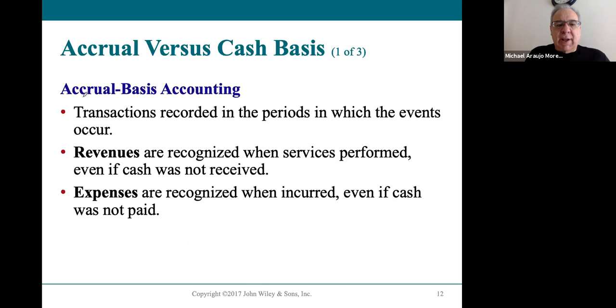So again, what you're learning is something called the accrual basis for accounting, in which we are actually recognizing revenue when we do the work, and we are recognizing expenses when they actually happened, even if we haven't paid for the expense yet. That's the opposite of the cash basis.